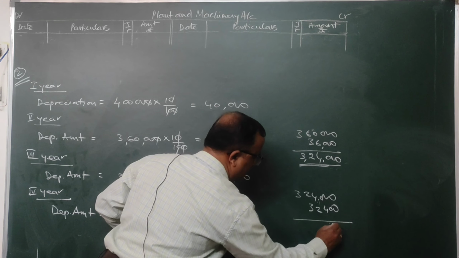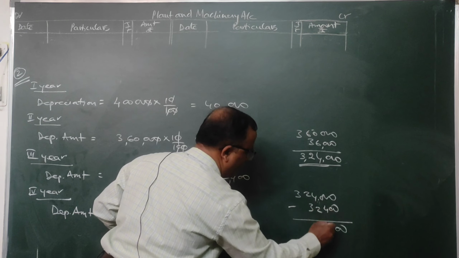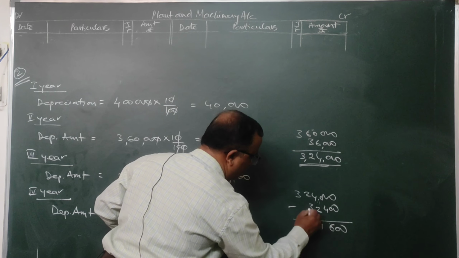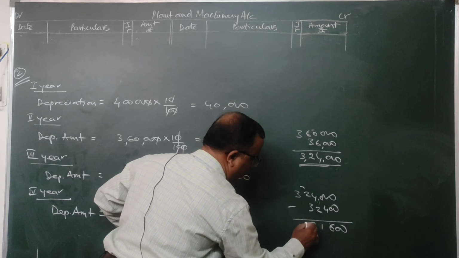If you subtract, how much will it be? 3 minus 2 is 1, 12 minus 3 is 9, 2. 2,91,600 is the balance of the asset at the beginning of the year. So on 2,91,600, you are going to provide once again 10% for 1 year. So how much will it be? It will be nothing but 29,160.